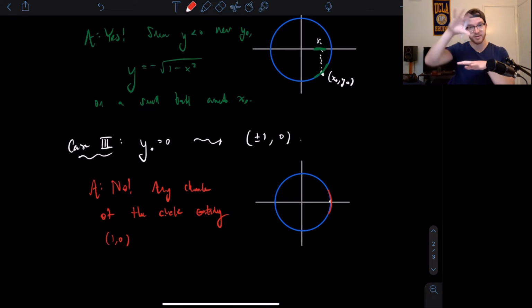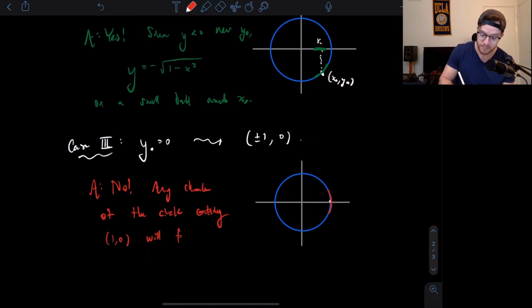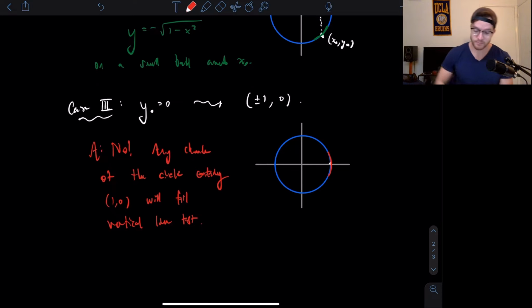And like I said, because I want a neighborhood of my point, I have to consider necessarily both above and below the axis, which is the point here. So any chunk of this circle will fail the vertical line test. So the answer is no. You cannot solve, even locally, for y as a function of x nearby this point.